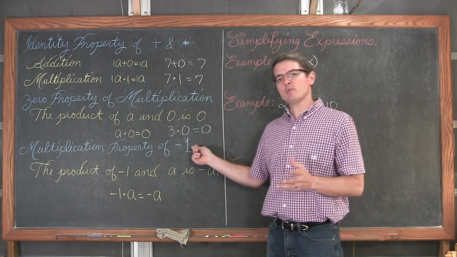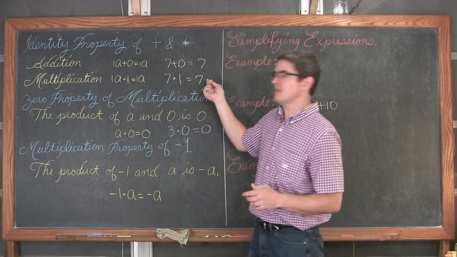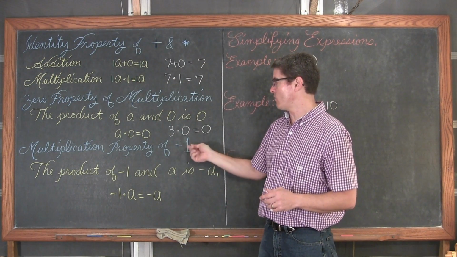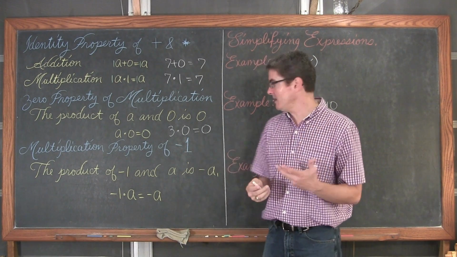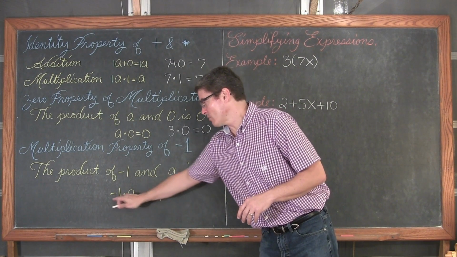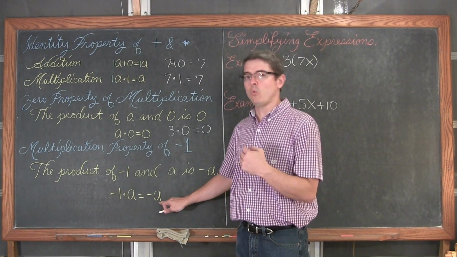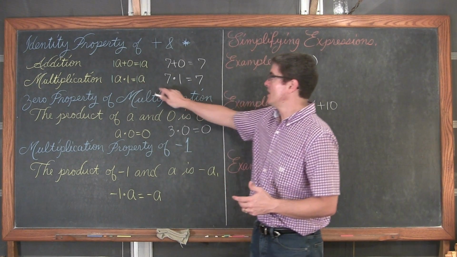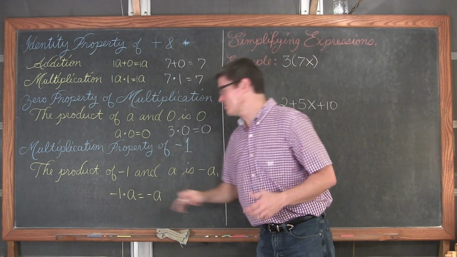And when you multiply a number by 1, you get the exact same answer back. But when you multiply by -1, that negative sign is going to change the sign. So any number multiplied by -1 is going to be that same number, because we multiplied by 1, which is the identity for multiplication, but that negative is going to change the sign.